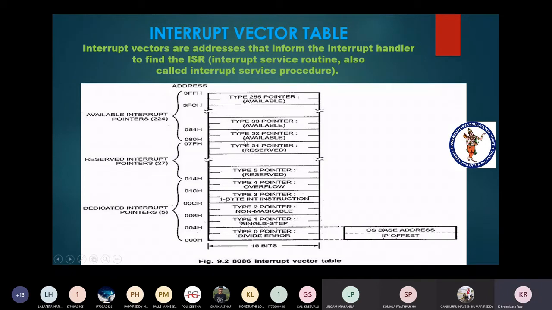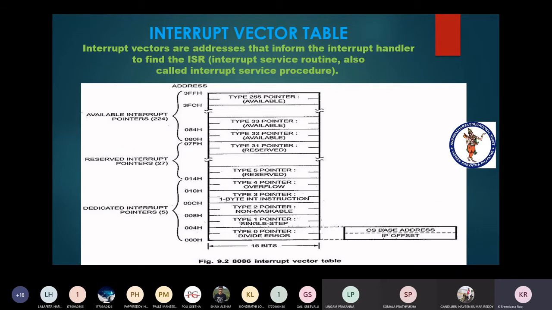If it is type 32, then 32 into 4 means 128. The corresponding hexadecimal value of 128 is 80, so 00080. That is the way you can identify the vector address. This type is called the vector interval of 4.